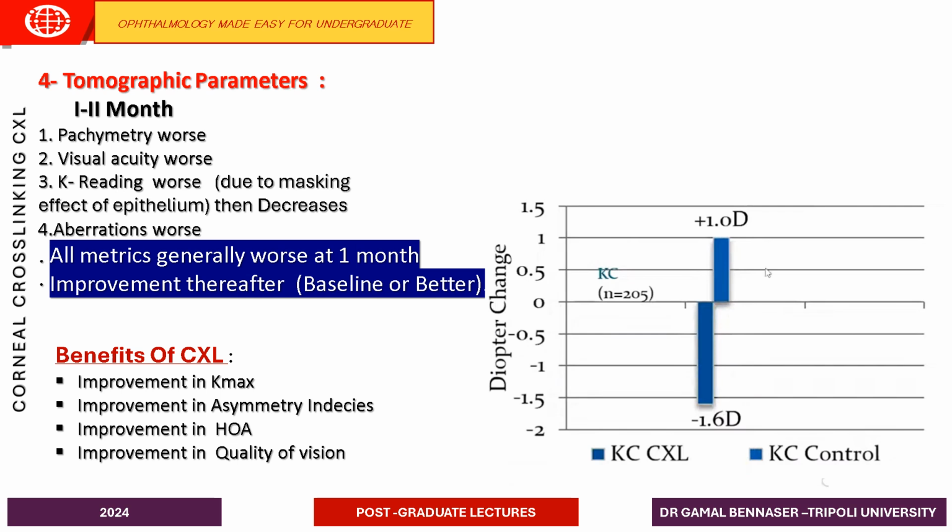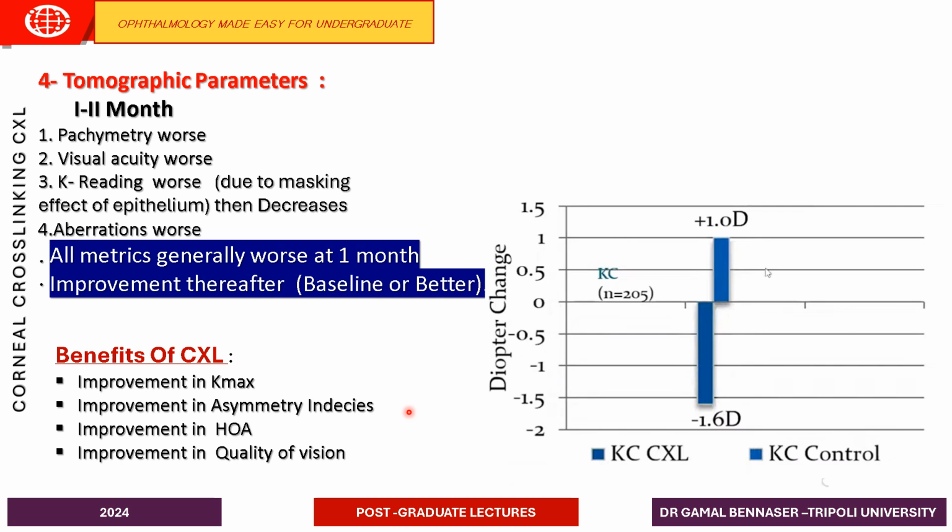Now we come to another way of indirectly assessing the efficacy of our cross-linking, which is performed by most doctors, by the use of tomographic data, namely the pachymetry, the Kmax and the K reading, and also the improvement in the high order aberrations and the keratometry.